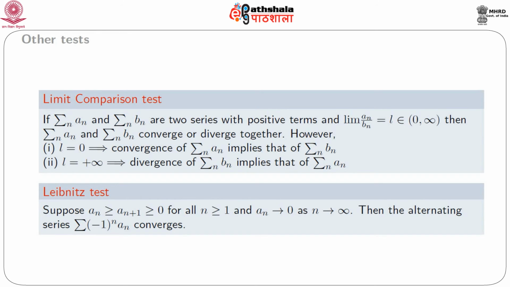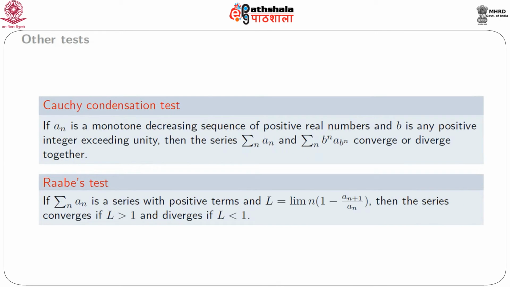Next we quickly discuss the Cauchy condensation test. If a_n is a monotone decreasing sequence of positive real numbers and b is any positive integer exceeding unity, then the series summation a_n and summation b^n a_(b^n) converge or diverge together.